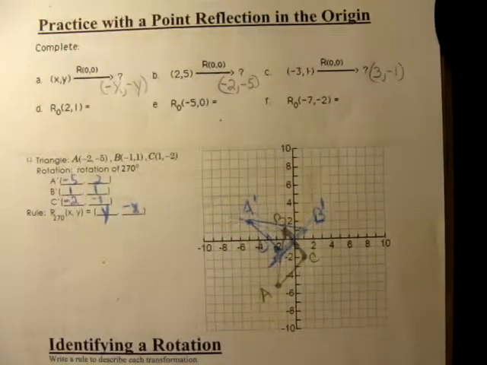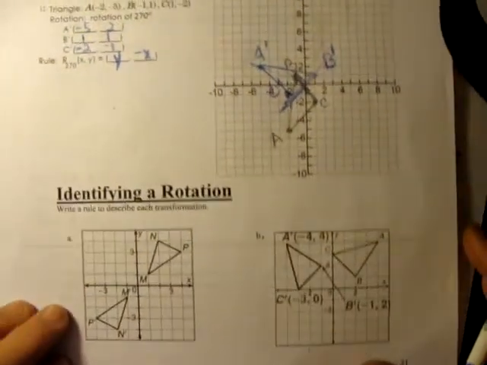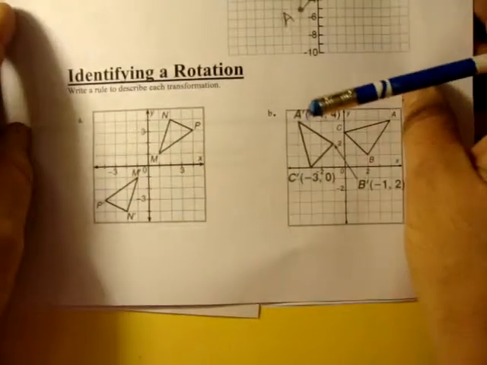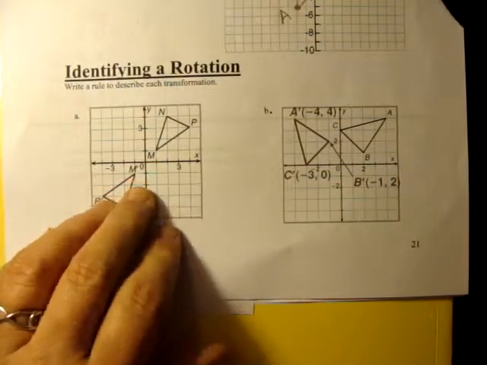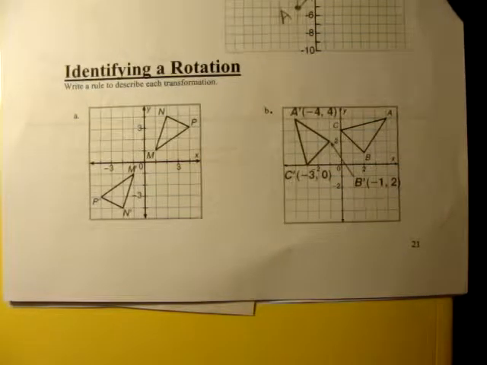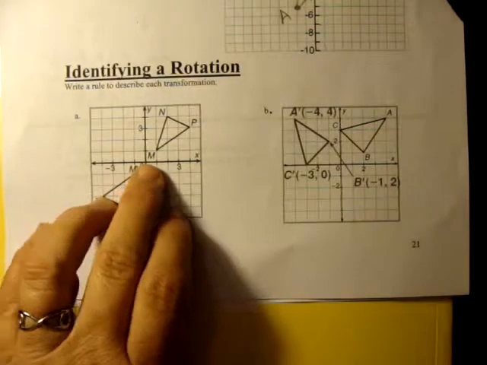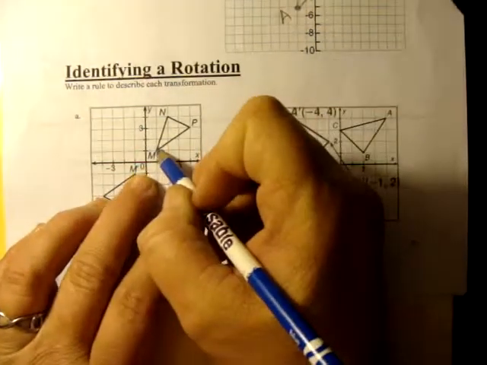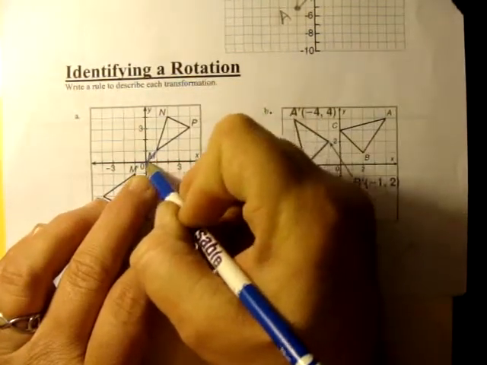Okay, the next thing we're going to talk about is identifying a rotation. You can look at it like we did with these by drawing to the origin.